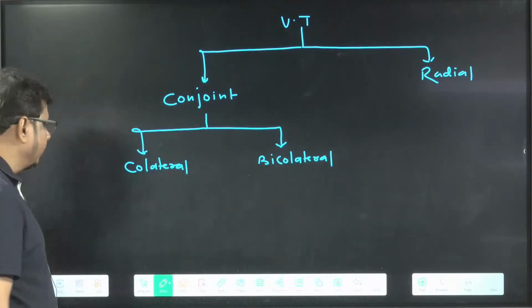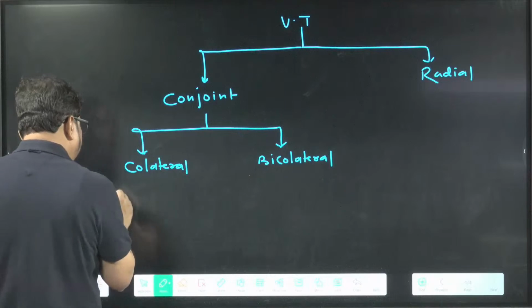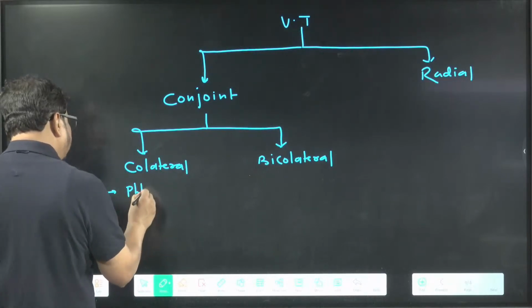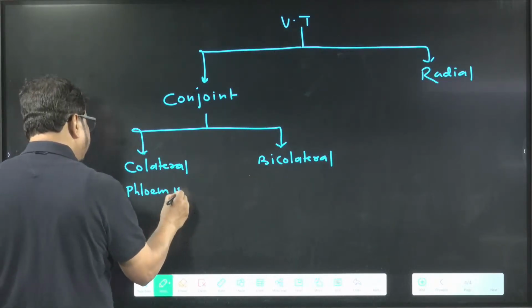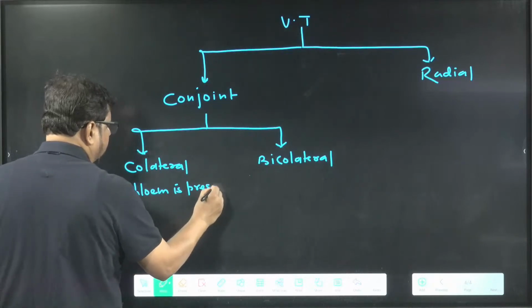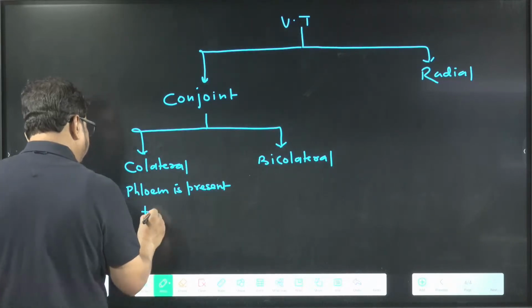Collateral and bicollateral. What happened in case of collateral? In collateral, phloem is present toward the periphery.